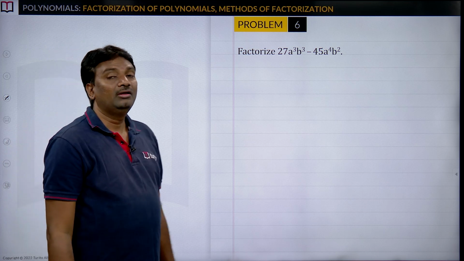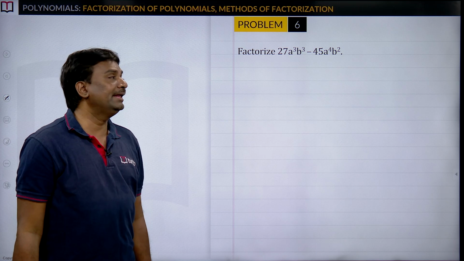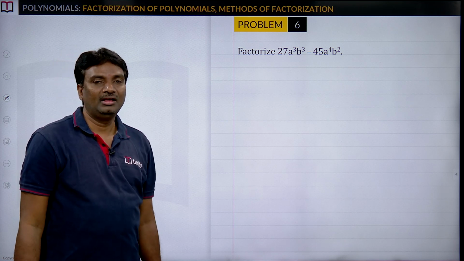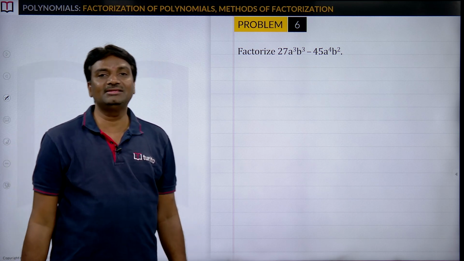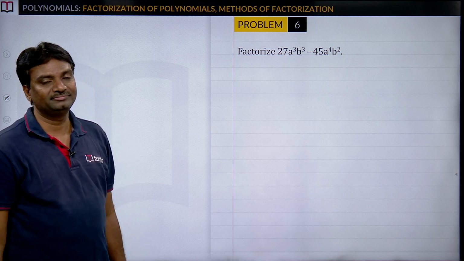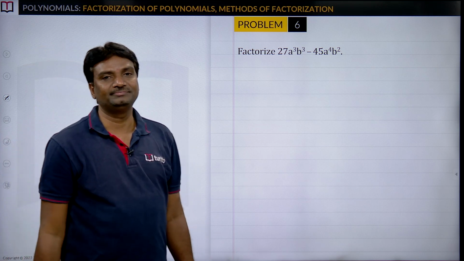Problem number 6. Factorize 27a cube b cube minus 45a power 4 b square. By observing the numericals 27 and 45, can you say what is the common factor for 27 and 45?